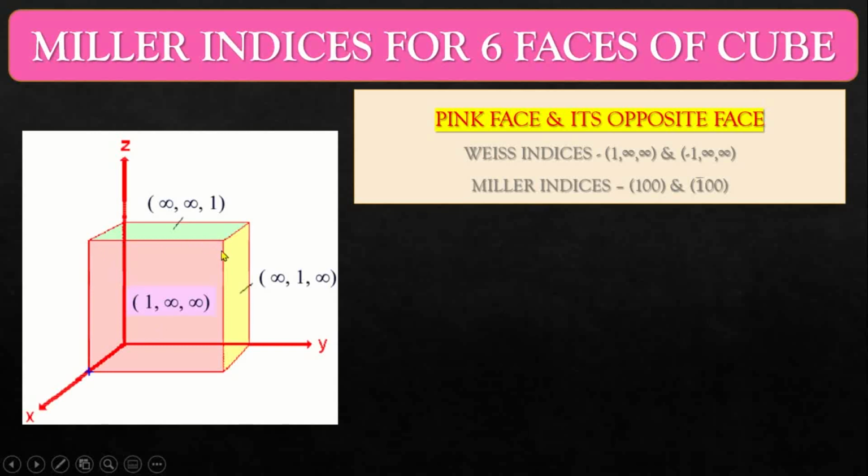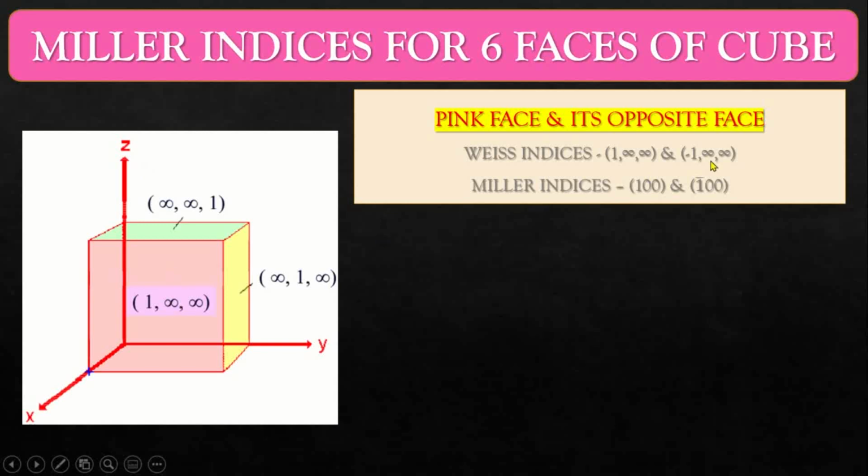Similarly, for the face opposite to this pink face, if you can identify this face at the back side, clearly this face is making an intercept on the negative x-axis. So obviously the intercept will be negative; the unit intercept here, because we are considering a unit cubic cell, made by this backside face on the x-axis will be -1. And similar to the front face, the backside face is also parallel to the y-axis and the z-axis.